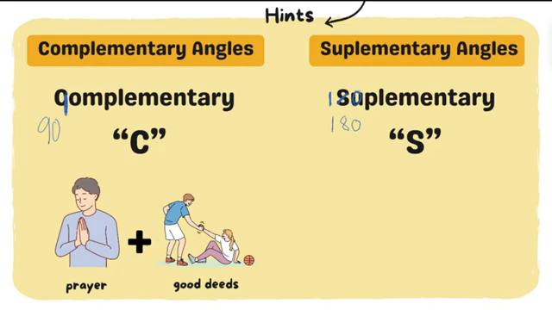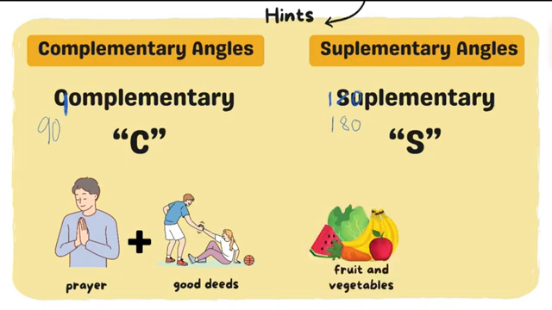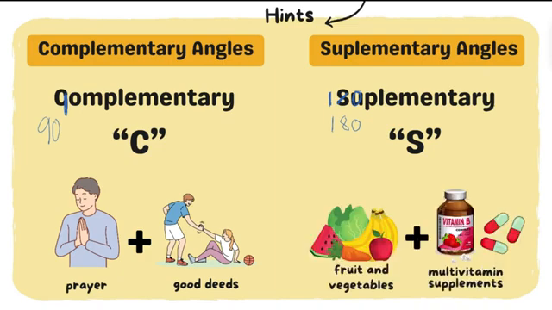Now, this is an example of the use of the word complement in English. Now, let me give you also an example on how to use the word supplement. Example, fruits and vegetables plus multivitamin supplements, di ba? Ito kadalasan yung mga nakikita natin sa commercial, yung mga multivitamins. Now, anong difference ng dalawang ito? In this first example, prayer and good deeds talagang magka-partner yan. Hindi pwedeng mawala yung isa.